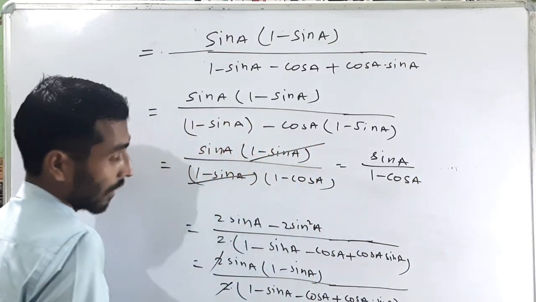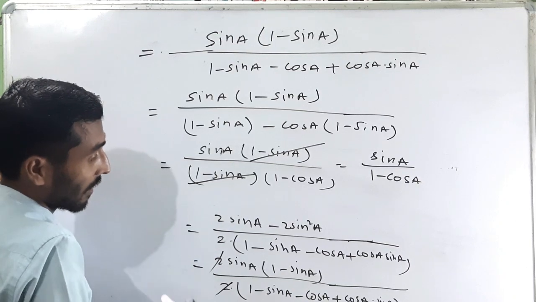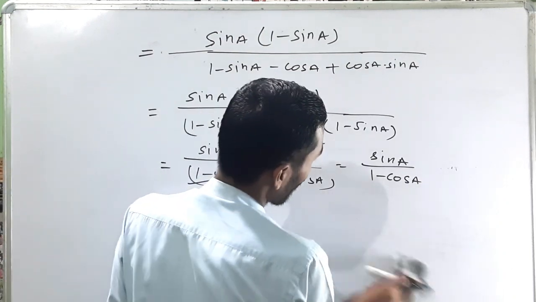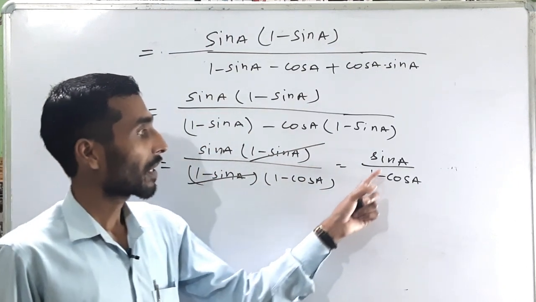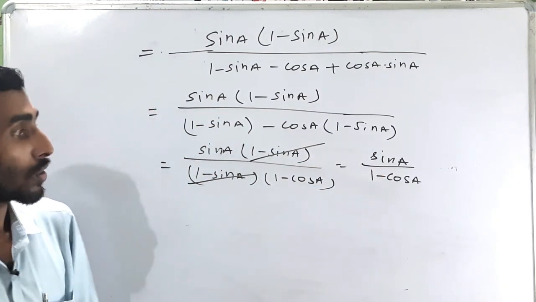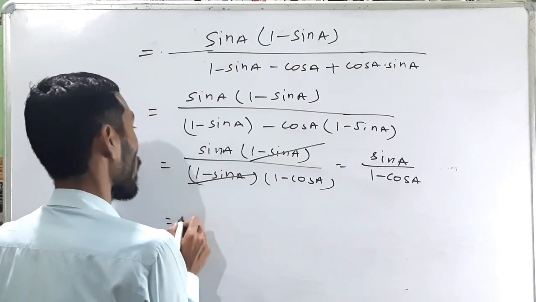Now what can be done here? We can multiply both numerator and denominator by 1 plus cos A, and so what will happen?